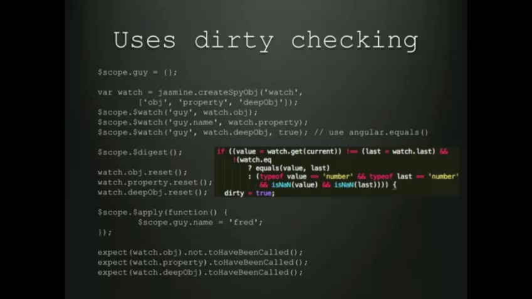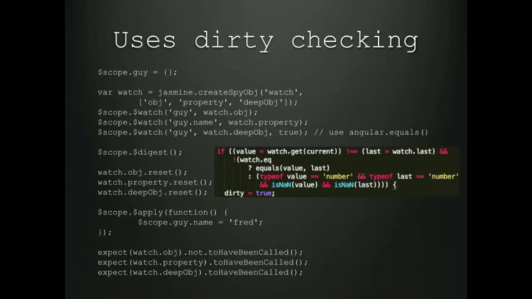Why is that the case? Yeah, it does an actual equals. Go ahead, what are you saying? I was just going to say it watches the reference to the object. And so since it's the same object, it's not going to trigger it.